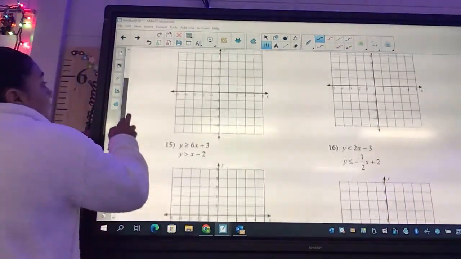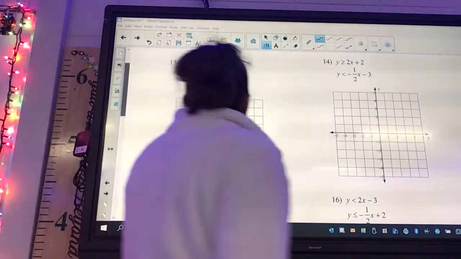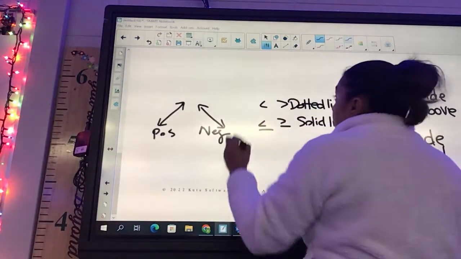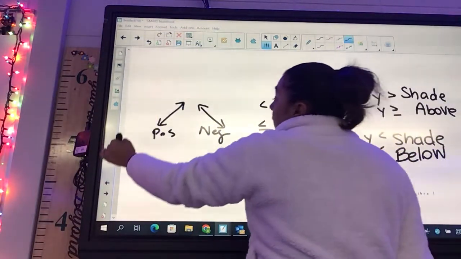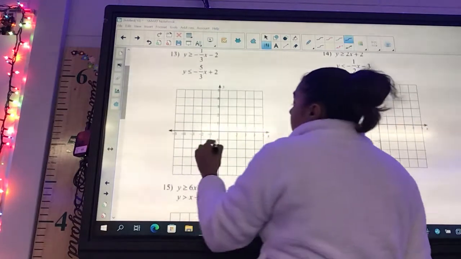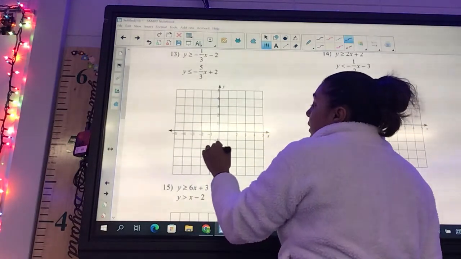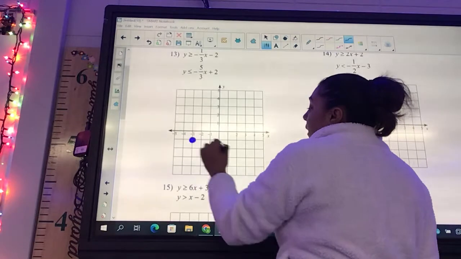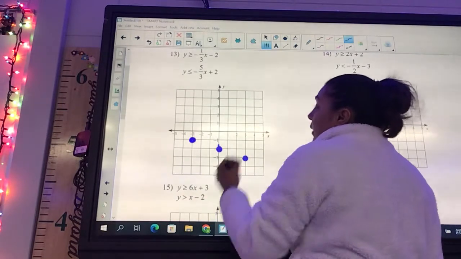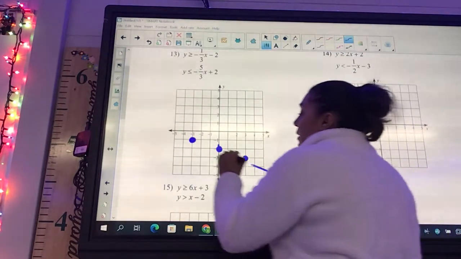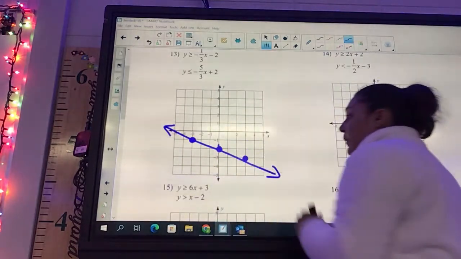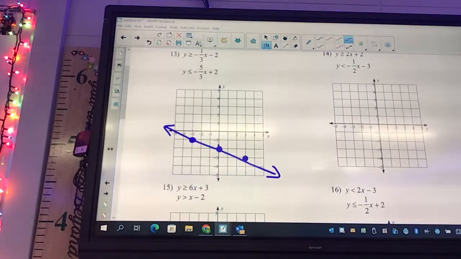Negative 2. It starts at negative 2, and my slope is up 1 over 3, or down 1 over 3. And this one is going to be a solid line, and we're going to shade above.